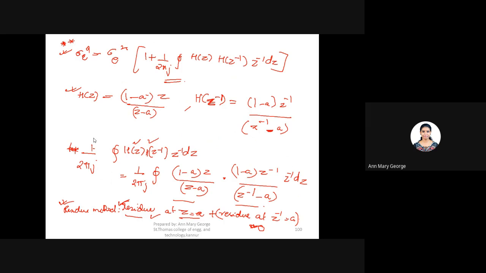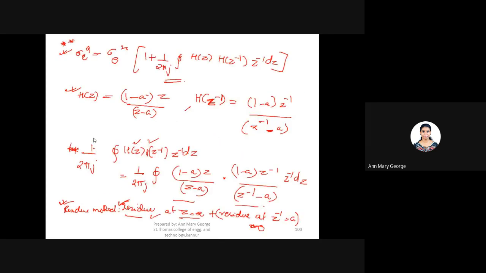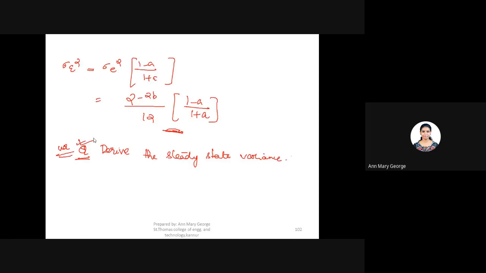You applied the residue at z equal to 0, took the value and substituted it in the earlier variance expression. So you got the value as 2 raised to minus 2b by 12 into 1 minus a by 1 plus a. This is an important question, asked as derive the steady state variance.